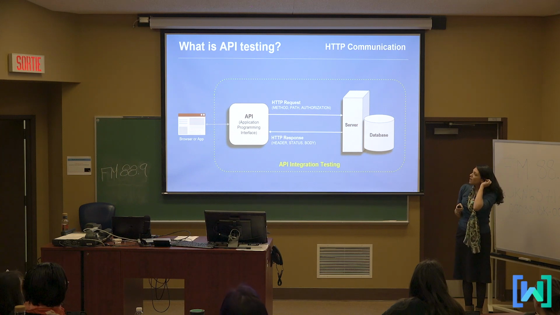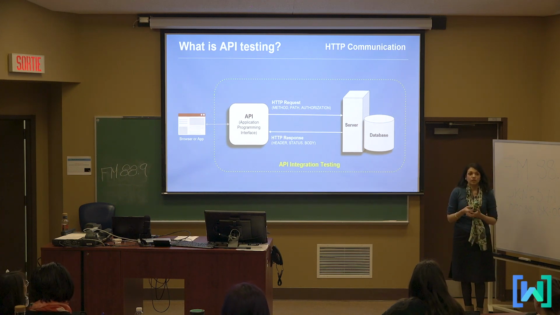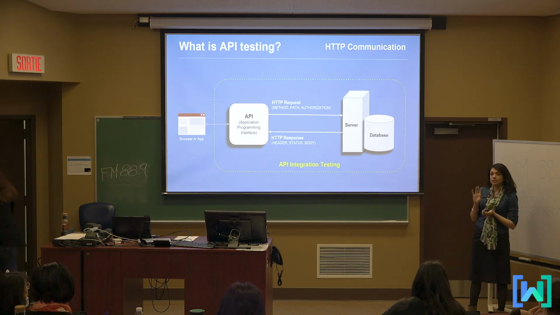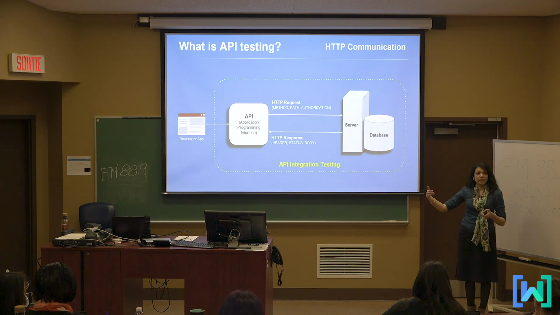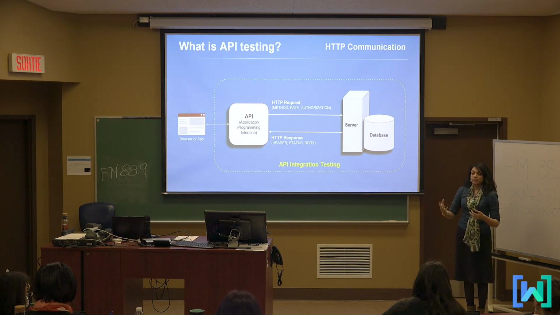So a lot of times what happens in the software testing world is that this type of testing, because it's not as well understood, it's sometimes not done as thoroughly as it could be. And in other cases, it's even just kind of forgotten about until very late in the process when the API is almost ready to be released.